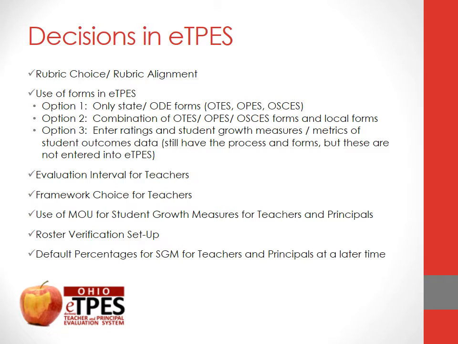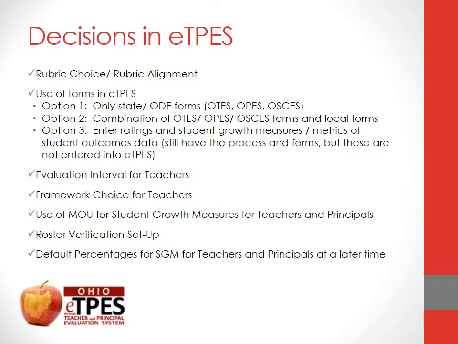The superintendent or designee will enter what the district has determined regarding the use of forms in ETPES, whether that will be option 1, where only state and Ohio Department of Education forms are used, or option 2, where a combination of state and local forms are used, or option 3, where only ratings and the student growth measures or metrics of student outcomes data are entered.